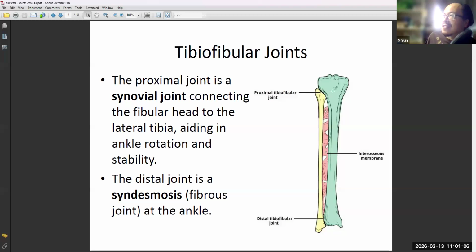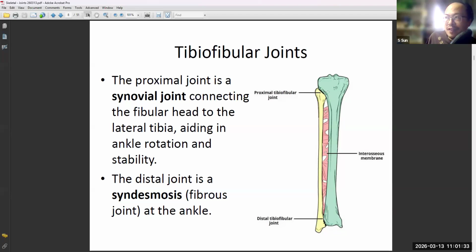Now you can see that the tibia and the fibula form two joints. Only the distal one is amphiarthrosis.